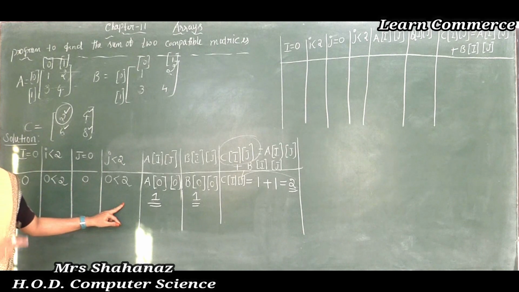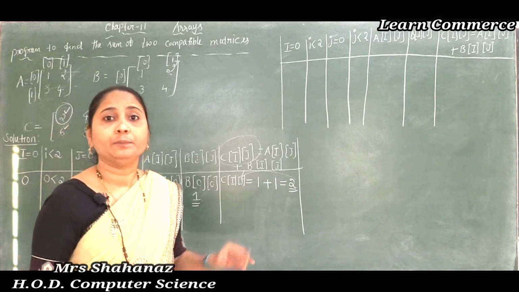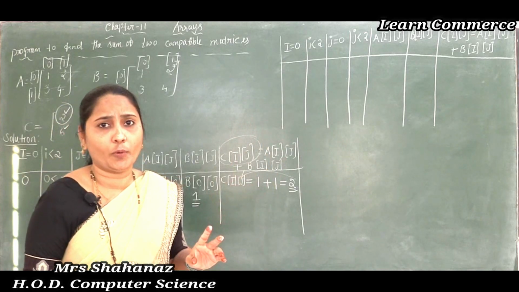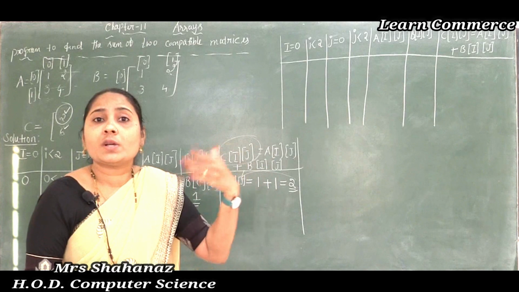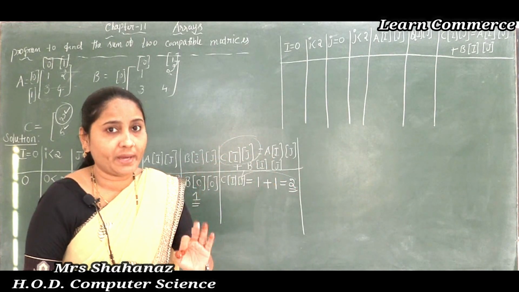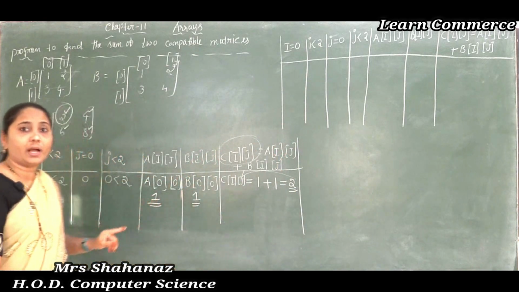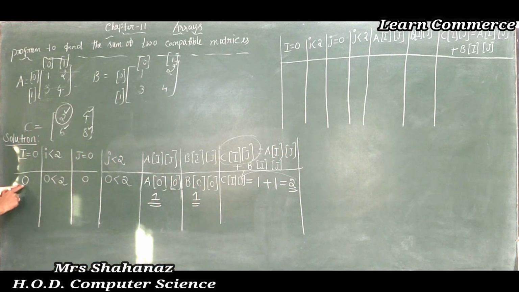Clear this one? In case of the two-dimensional array, we need to use a loop. The loop is called the nested for loop, okay? What's the meaning of the nested for loop? The meaning of nested for loop is one loop enclosed within another loop. So you have to remember it. First of all, you need to open the row loop.